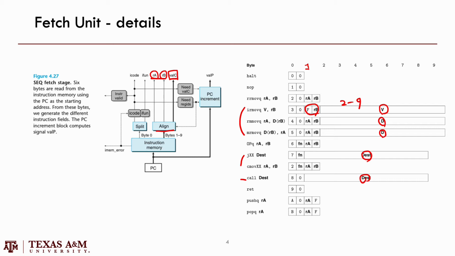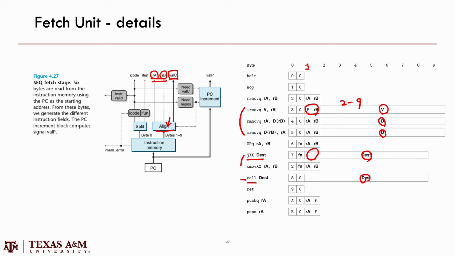However, when we fetch jump or call instructions, they don't have a field for register IDs. So when we fetch the second byte of this instruction, it will be stored in rA and rB if we don't have this align module, right?